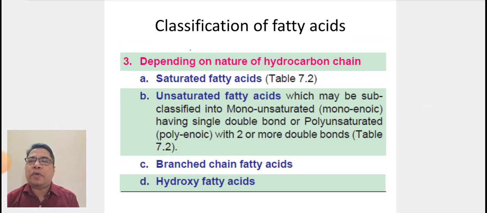Depending on the nature of hydrocarbon, it may be saturated fatty acids or unsaturated fatty acids, which may be sub-classified into monounsaturated, that is monoenoic having single double bond, or polyunsaturated having polyenoic with 2 or more double bonds. Then third, it can be branched chain fatty acids or it can be hydroxy fatty acids.